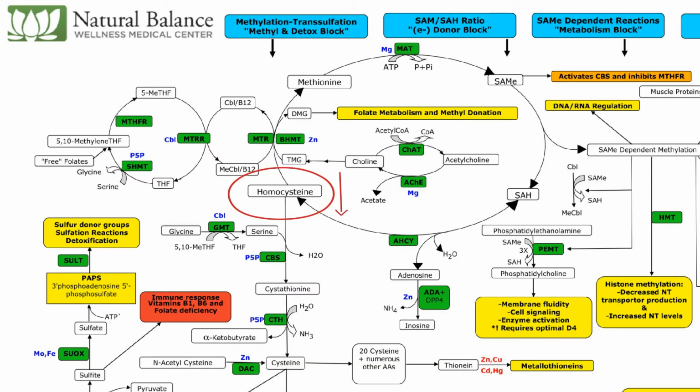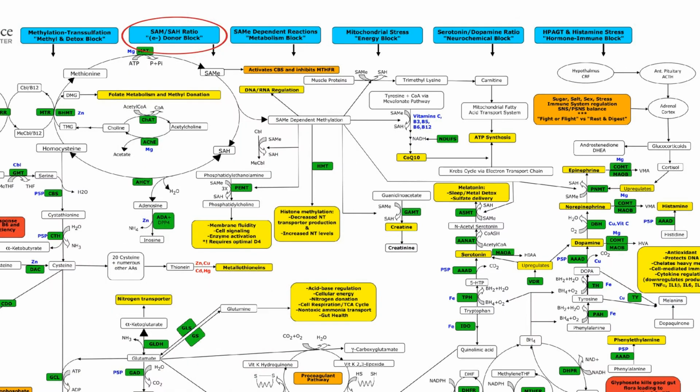I would say that from a methylation transsulfuration pathway, you are definitely more susceptible for methylation. Sulfation doesn't look that bad. You definitely have what we call an electron donor block due to an altered SAM-SAH ratio. And the SAM-dependent reactions are not well supported. And so there's this metabolism block, leads to an energy block, neurochemical block, hormone immune block.